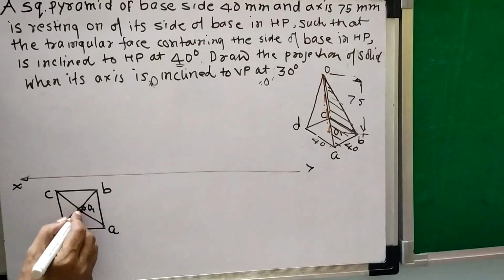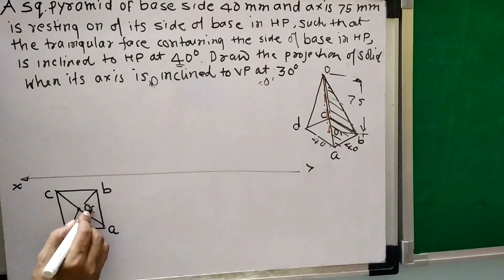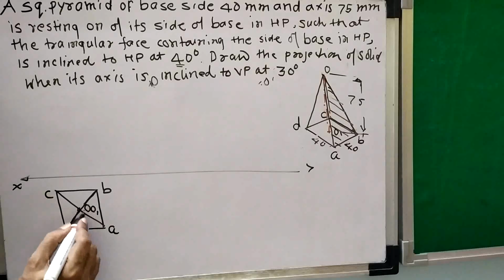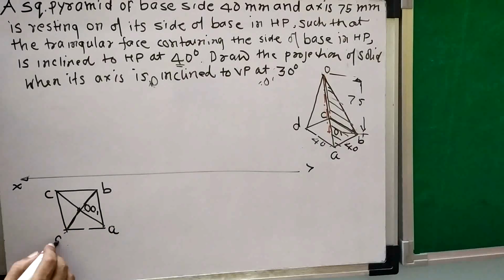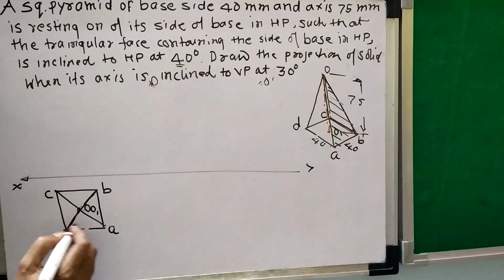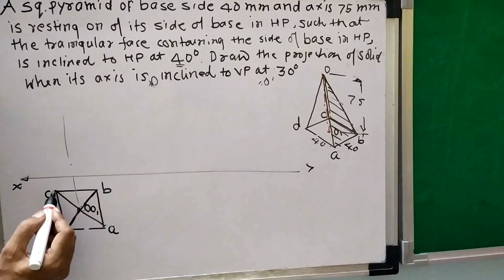So I have OA, OB, OC and OD, four slant edges. And in the front view, I will project it.